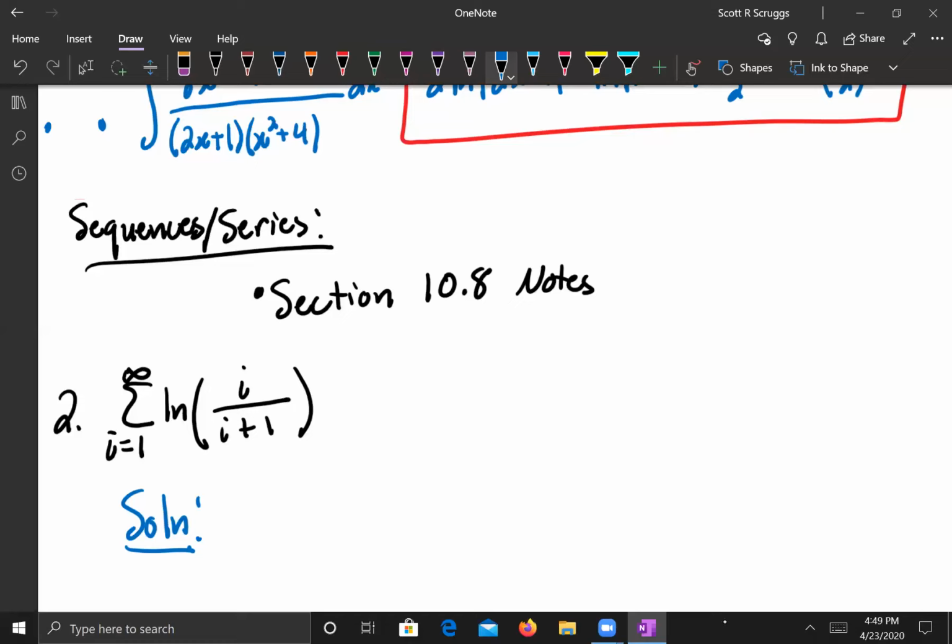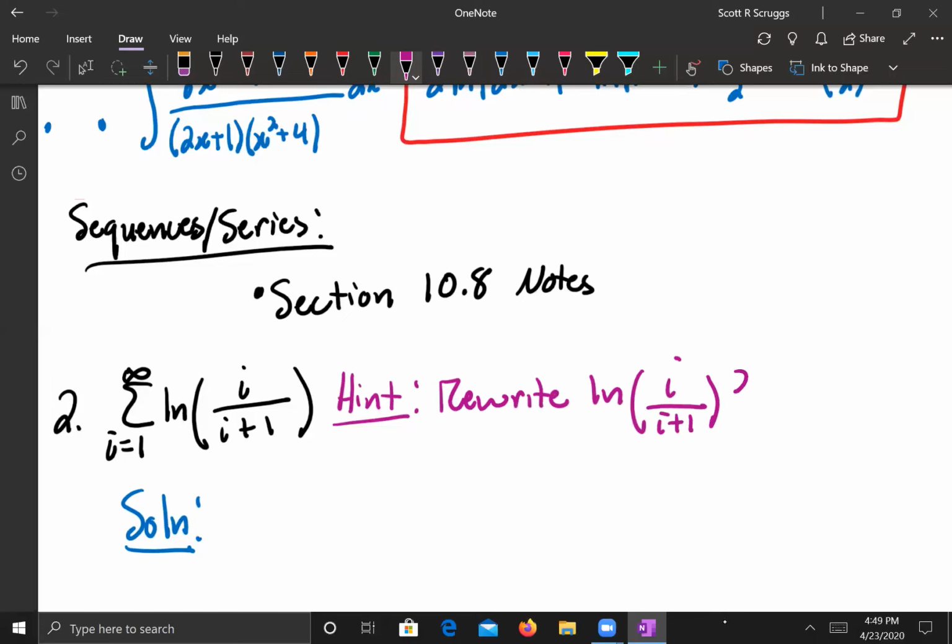I'll give you all about 2 to 3 more minutes to work on it. If you're stuck with how to begin, I'll give you all a hint. And my hint is, is it possible to rewrite that?